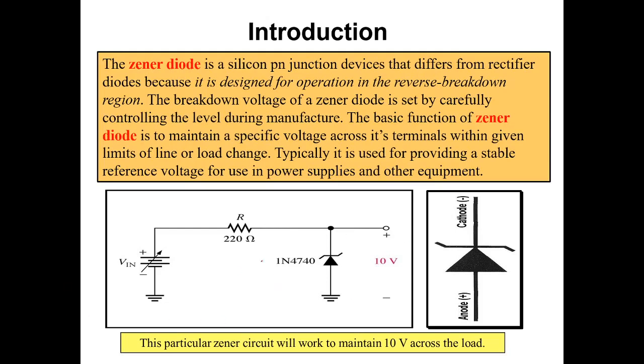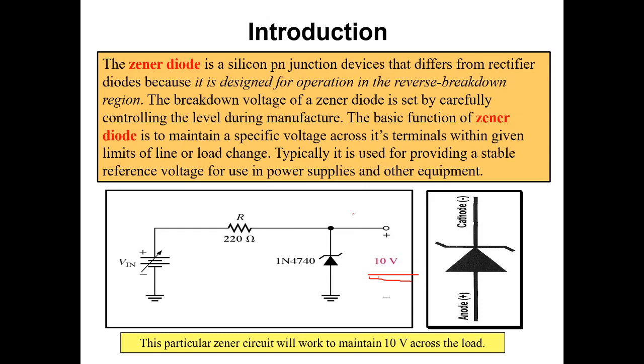So this is a circuit. If you observe, whatever fluctuations there may be in the input, the Zener diode is going to maintain a constant voltage of 10 volts. Even if the input increases, the Zener diode operates in the breakdown condition and maintains the output voltage at 10 volts only.